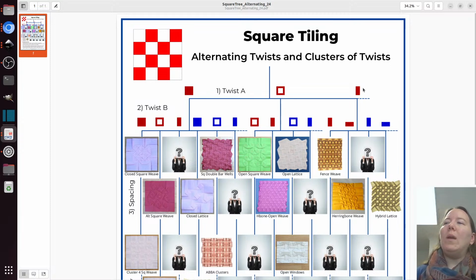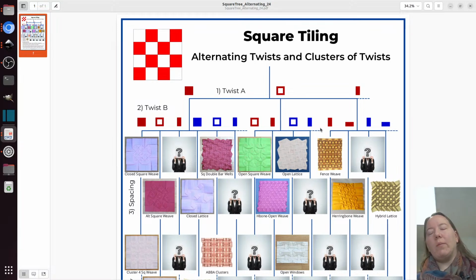And you'll notice when we have this hybrid, we already had a bunch of hybrid options off of the closed and open branches. So I eliminated the closed and open options because those would be identical, up to mirror symmetry, because generally my first twist I choose is going to be right-handed and then the second is going to be left-handed. But I consider mirror copies of the same pattern to be the exact same pattern.